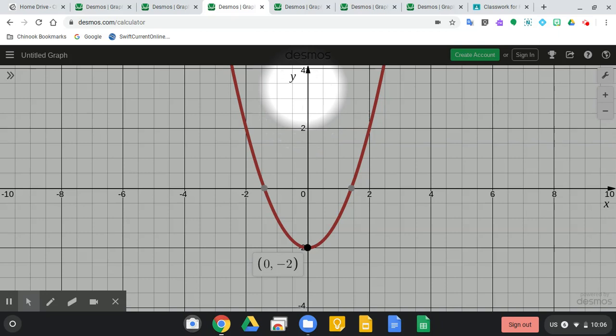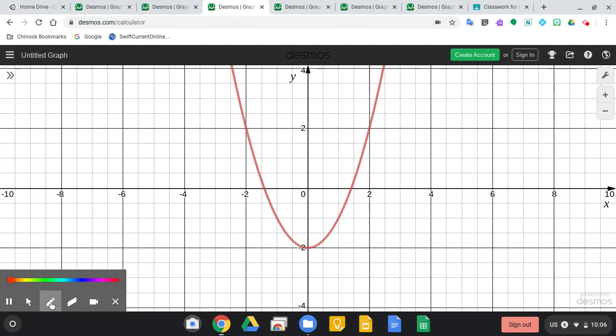Now, because all of the y values are moving in an upward direction, when we talk about this vertex, one of the words we use to describe this vertex is minimum. It is the lowest point on our parabola. So all of our y values are above this.